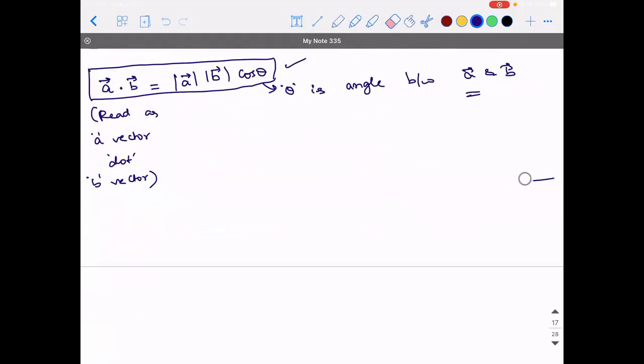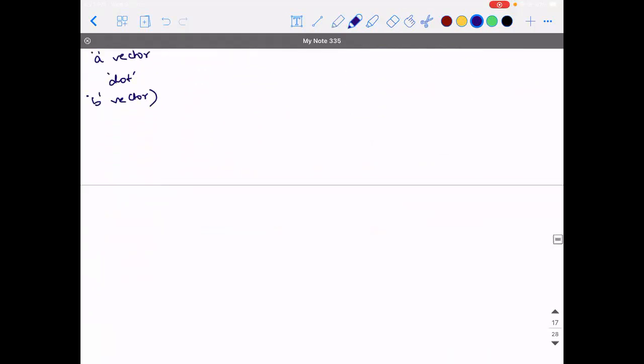Okay. Suppose I give you a vector like this. A vector is equal to a1 I cap plus a2 j cap plus a3 k cap. This is a general vector. And b vector is equal to b1 I cap plus b2 j cap plus b3 k cap.